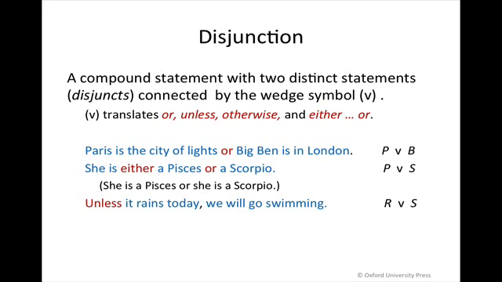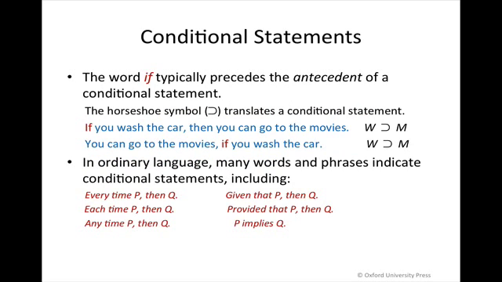Unless it rains today, we will go swimming. Notice that even though the word unless begins the sentence, it's still the case that because it represents a disjunction, we put it in between the sentences, it rains today and we will go swimming.